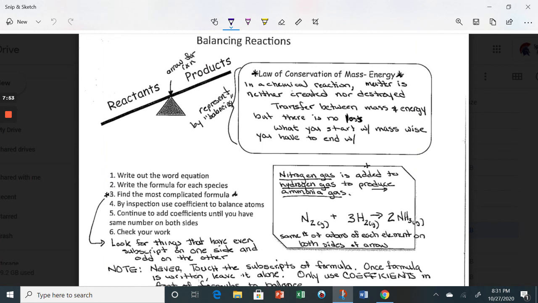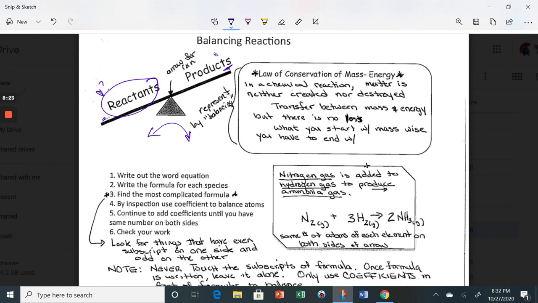We look at how much we have here, and we pick one thing at a time, and you go back and forth, and you say, how much do I have here? And then I make sure I have the same number here. But then does that change something on this side? So it makes it too heavy, and then I've got to go back over on this side and change something else. So you're literally going back and forth all the time.